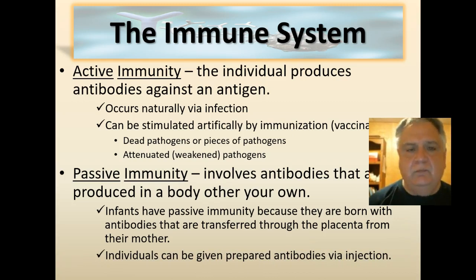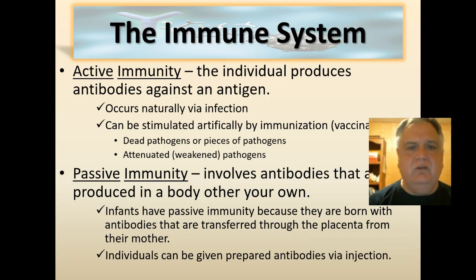Also, individuals can receive passive immunity by being given prepared antibodies via injection. An example of that would be, let's say, an individual bitten by a rattlesnake. The venom can act as a toxin that can cause a lot of damage in the cells and even result in the death of the individual. So we give the individual anti-venom.